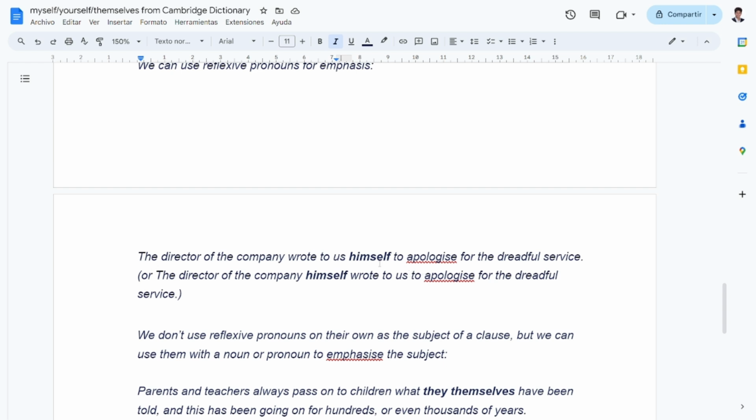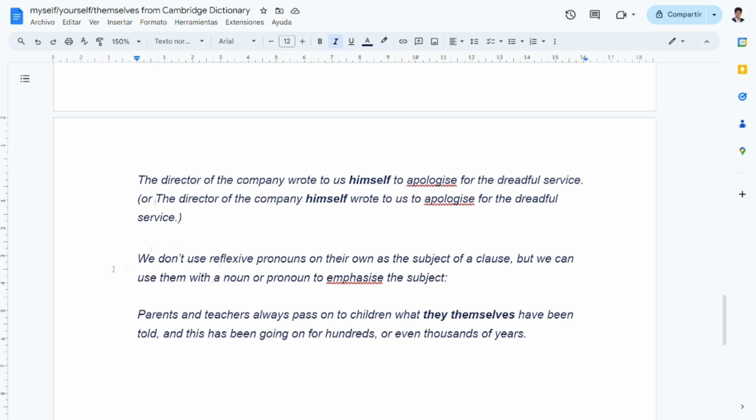Basically, both have the same meaning. So what does it mean? We can put the reflexive pronoun at the end of the object, or at the end of the subject. Basically, the meaning is the same.